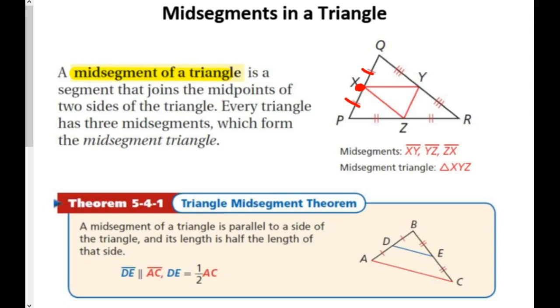So for example, on QR, we know that Y is a midpoint because I have 3 tick marks on each side. I know Z is a midpoint because it's got 2 tick marks on each side. Okay, so everyone knows how to tell if it's a midpoint. Now, if I connect a midpoint to a midpoint, that's called a mid-segment.